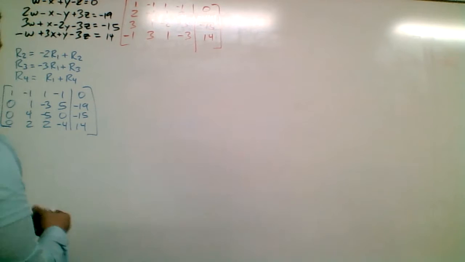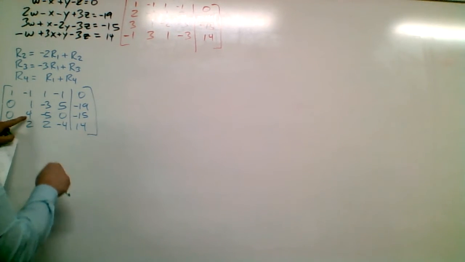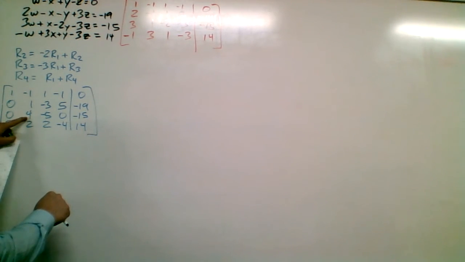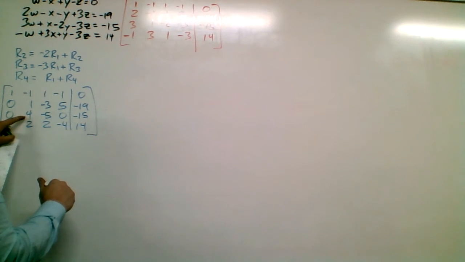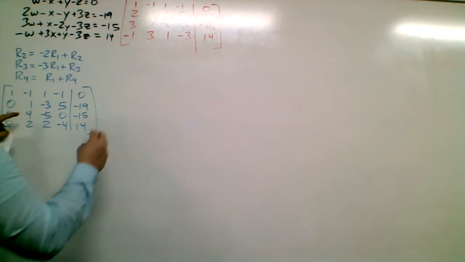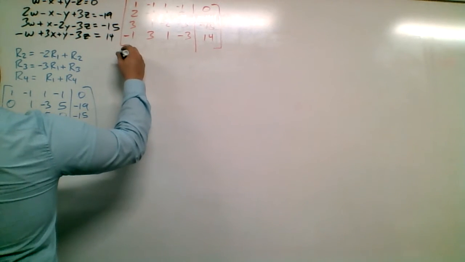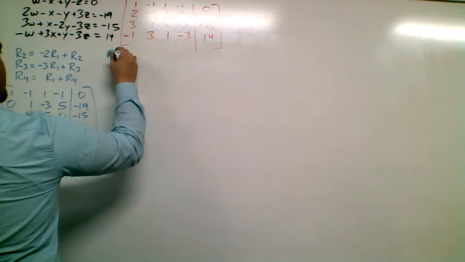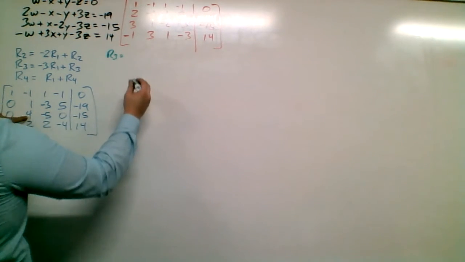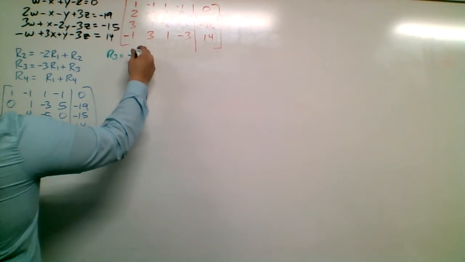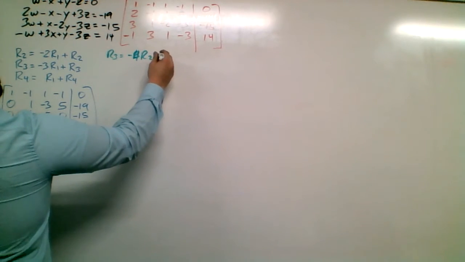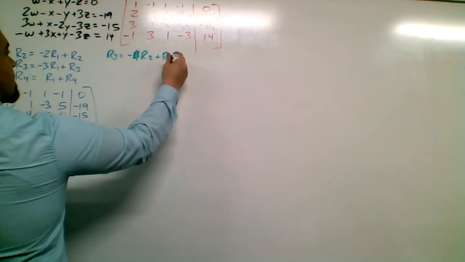And what we want to do is go ahead and take out this 4 here. We can do row 3 equals -4 times row 2 plus row 3.